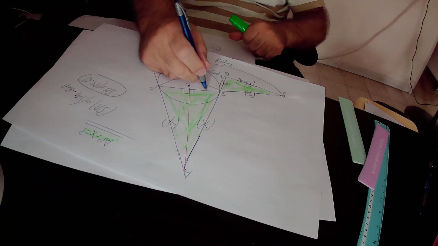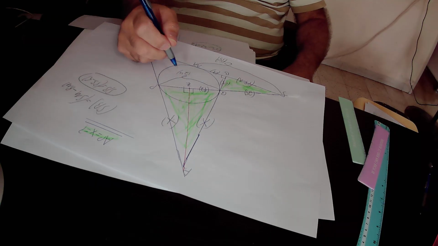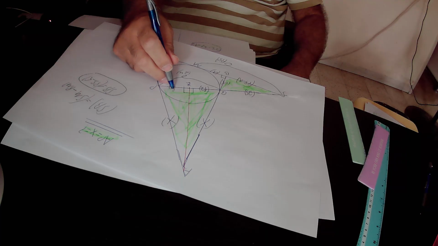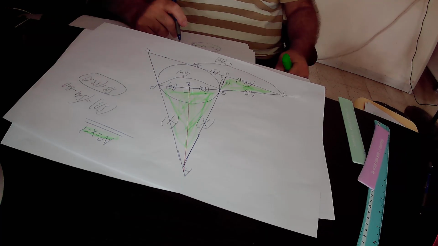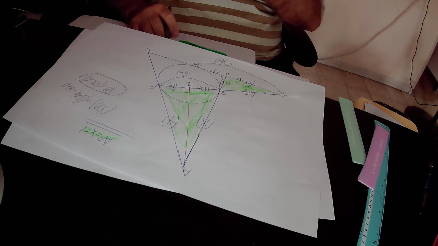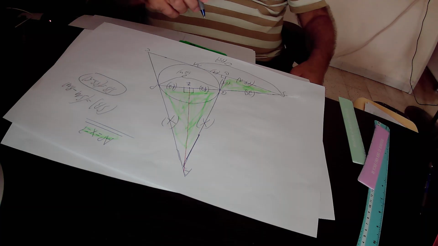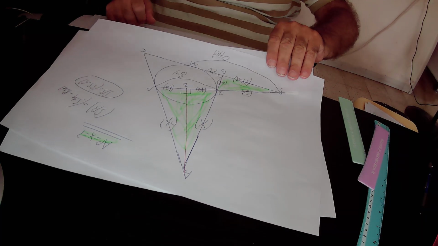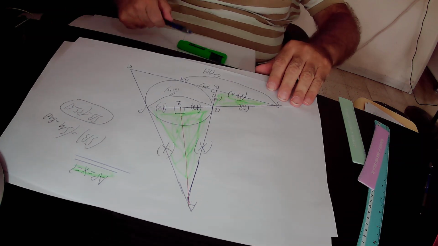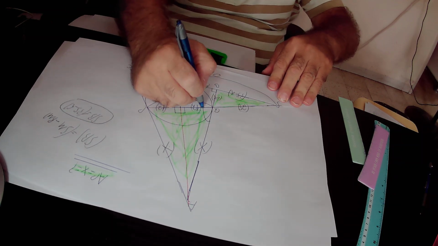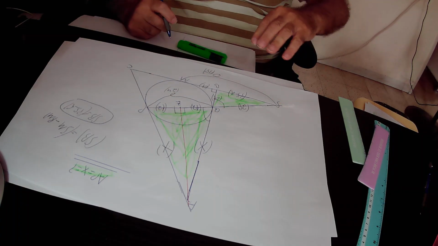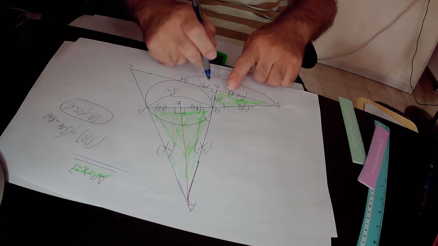QZ equals 12. The second half, ZP, also equals 12. Those two angles are now defined as vertex angles.